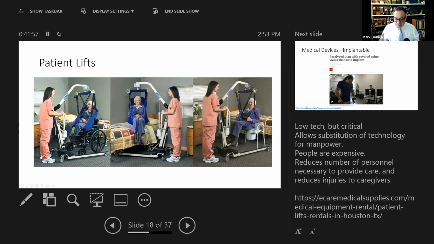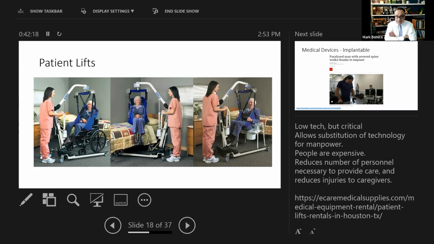Now, obviously, this is a demo, but what's great about this is it reduces the amount of labor involved, right? So I believe you still have to use 2 people whenever you do a transfer, even with equipment, just for safety purposes.